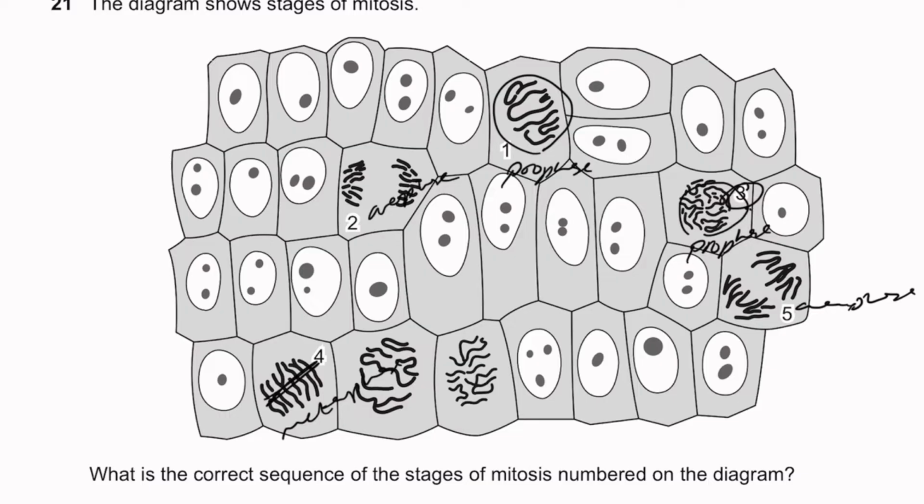I would say it's 1 going on 3, going on 4 going on 5, going on 2, or 2 going on 5. Let's see the options. We have 1 3 4 5 2, or 1 3 4 2 5, and we also have 3 1 4 5 2.